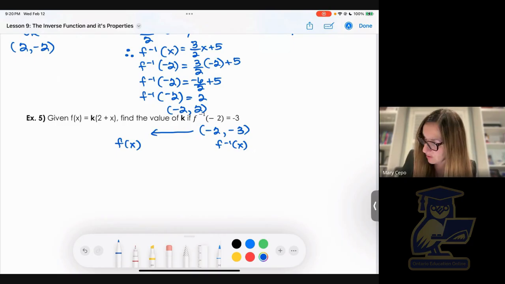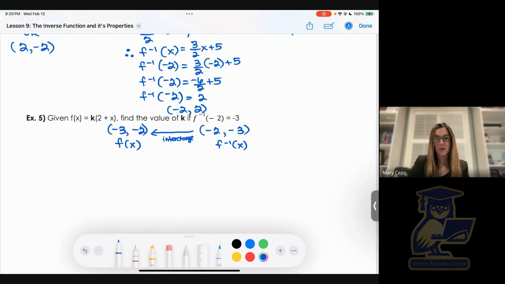So we can say in the original, x was -3 and y is -2. You can interchange. Because remember, the inverse is just the reverse of my original. So therefore, we can use that information to help us solve for k.